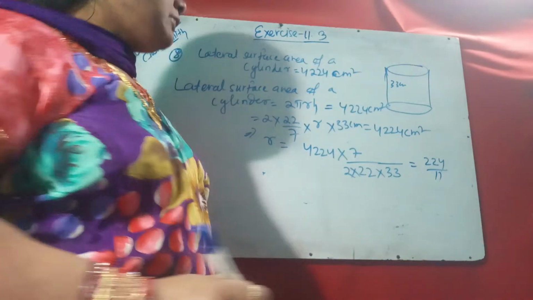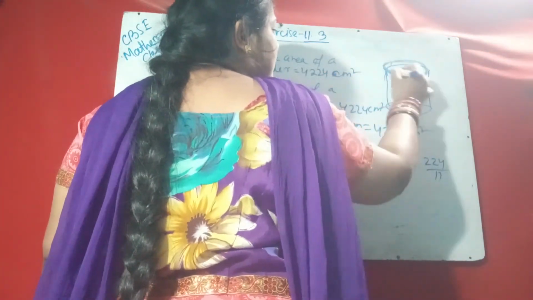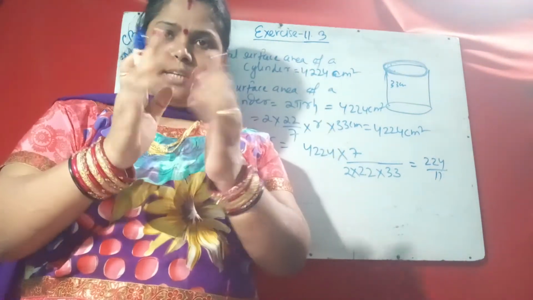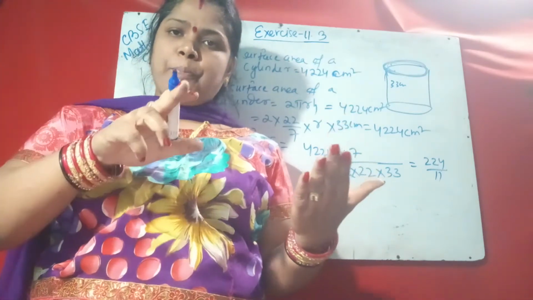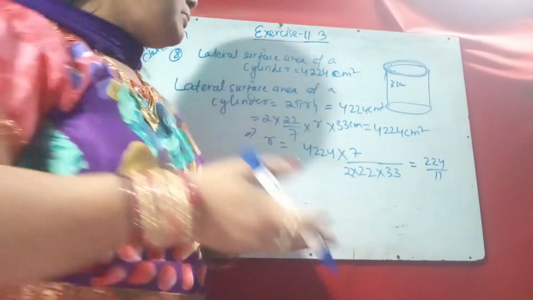Now the length means the perimeter. Perimeter means 2 pi r. When you open this side, that will be the length, and the length is the perimeter of the cylinder, or the perimeter of the circle above.